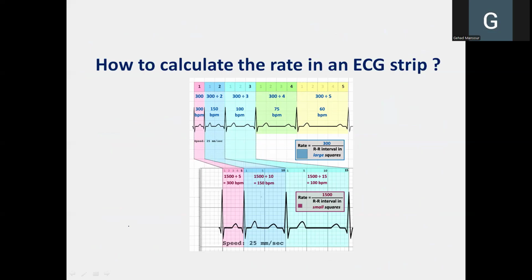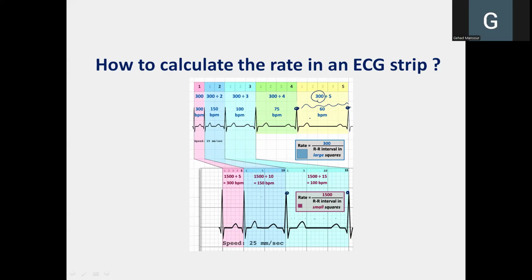As we said before, we can calculate the rate of the ECG strip via two methods. Either we divide 300 by the number of big squares between two successive R waves, or we can also divide 1,500 by the number of small squares between two successive R peaks.